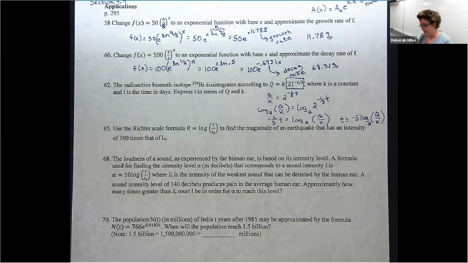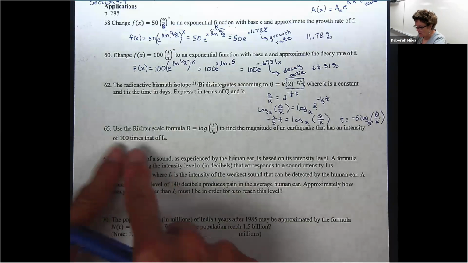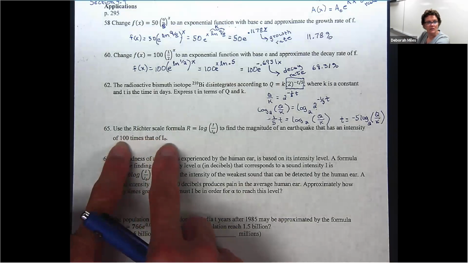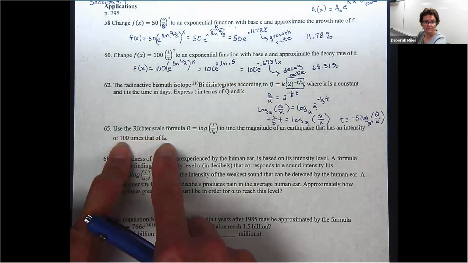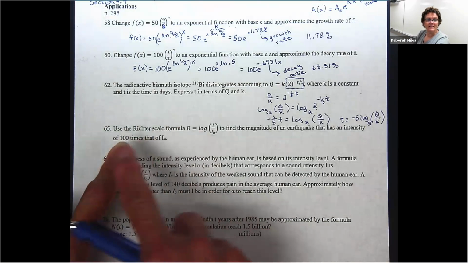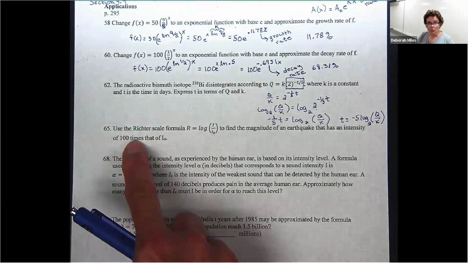So the intensity of this earthquake is 100 times that of the little bitty almost nothing earthquake. So we want to find the Richter scale rating when the seismograph measures rumbling 100 times that of a normal day.